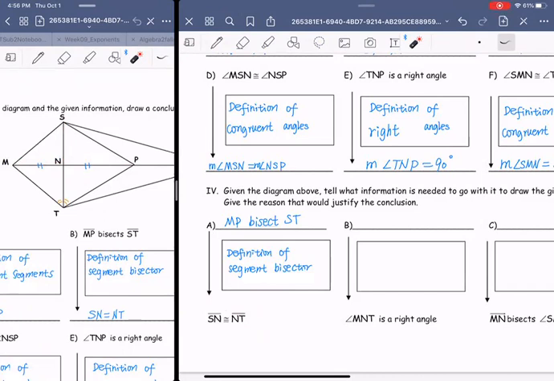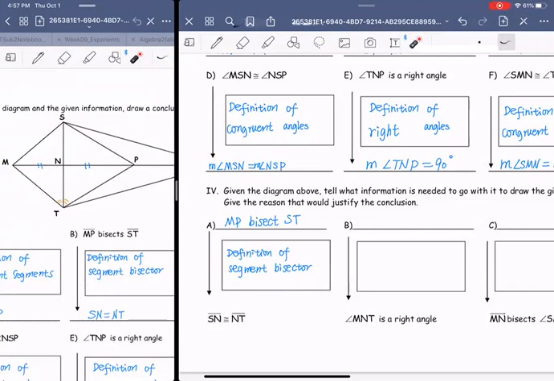MNT is a right angle. Who gave you MNT as a right angle? The measure of MNT is equal to 90 degrees. You want to say something is perpendicular to something, right?